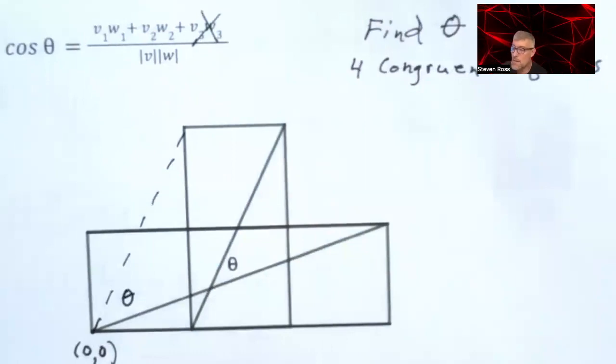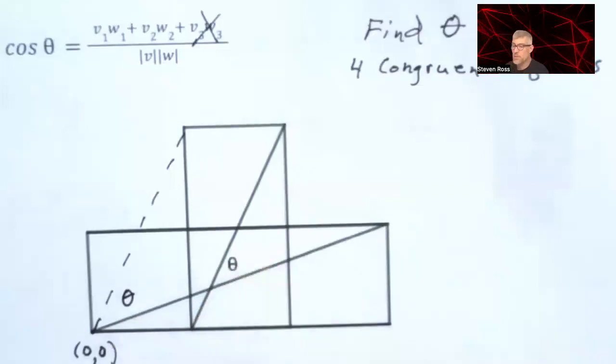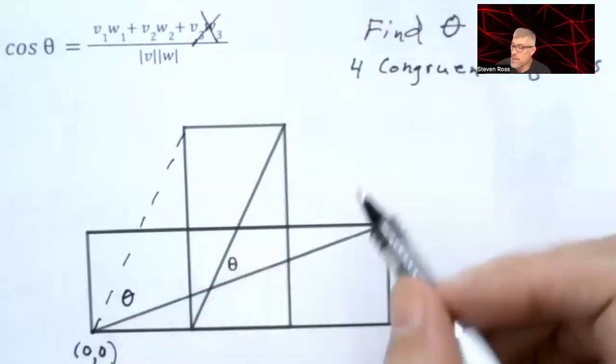Still going to be that same angle theta, because all I've done is effectively move this vector over into standard position, created a parallelogram, and so we're going to have an angle and an angle that are congruent to each other. So let's find out what that angle is.